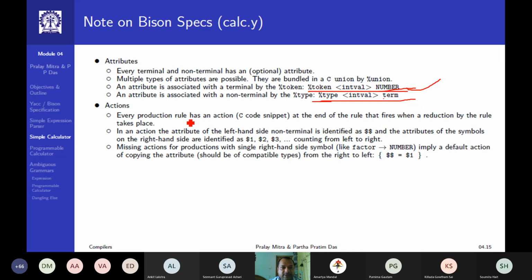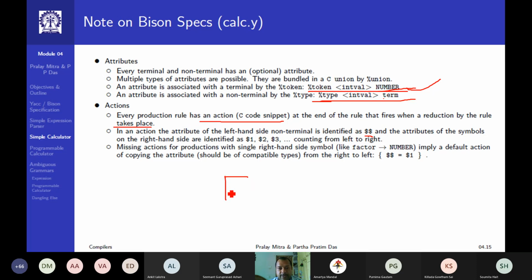So actions: every production rule has an action, a C code snippet at the end of the rule that fires when a reduction of the rule takes place. In an action, the attribute of the left-hand side non-terminal is identified as $$, and the attributes of the symbols on the right-hand side are identified as $1, $2, $3, counting from left to right.